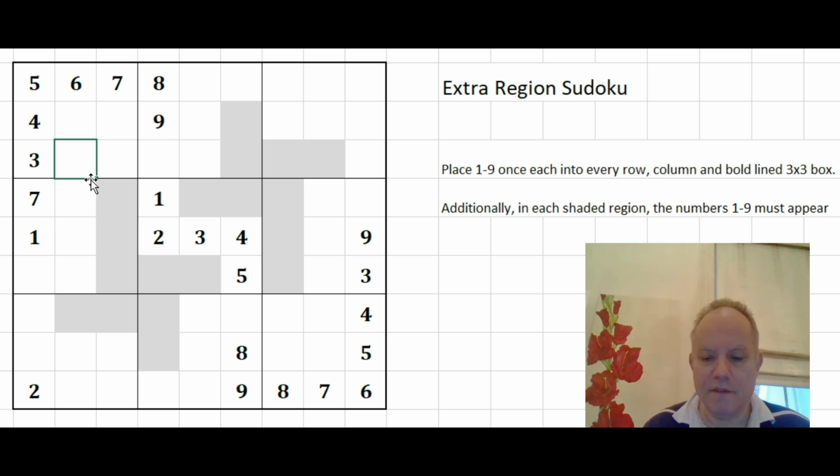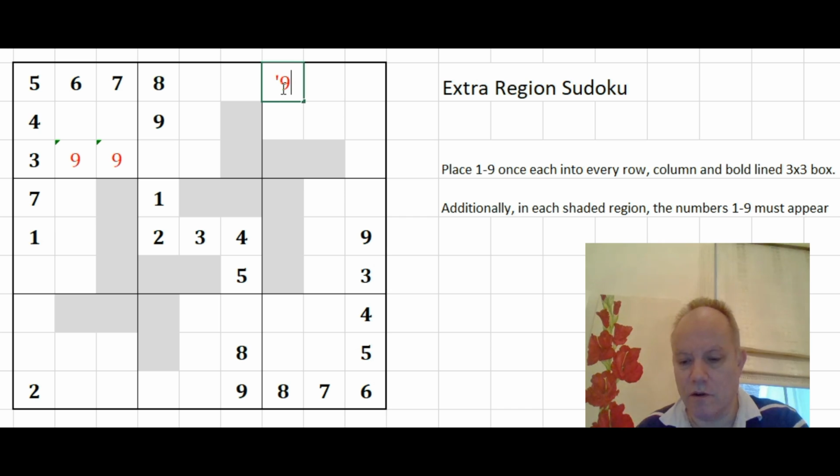Now, 9 in the top left box must be in one of the bottom 2 cells, and that puts 9 in the top right in one of those two. Normally, when you have all of these 5 cells filled in, that will help considerably.